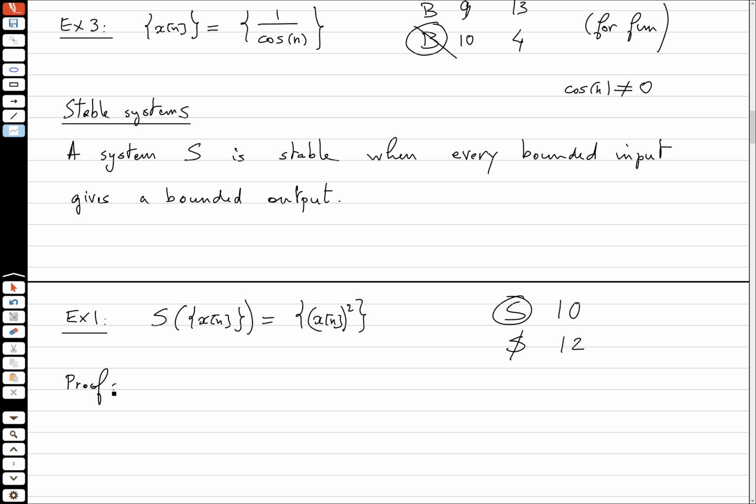To prove that the system is stable, you must consider an input that is bounded. Don't consider an input that is not bounded, because I'm going to say, I don't care. So take any given input x of n that is bounded.